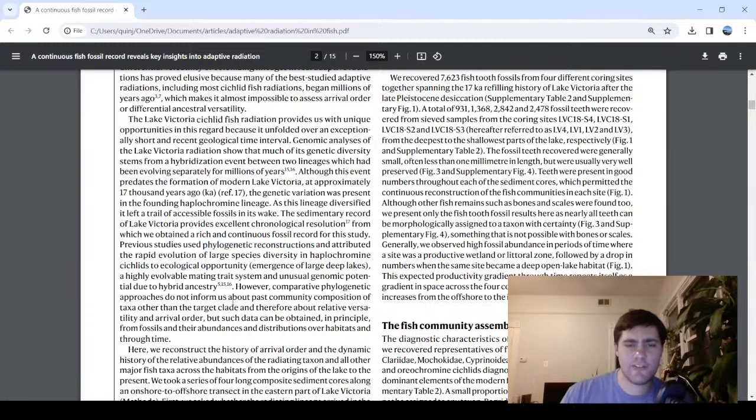However, comparative phylogenetic approaches do not inform us about past community composition of taxa other than the target clade, and therefore about relative versatility and arrival order. But such data can be obtained in principle from fossils and their abundances and distributions over habitats and through time.